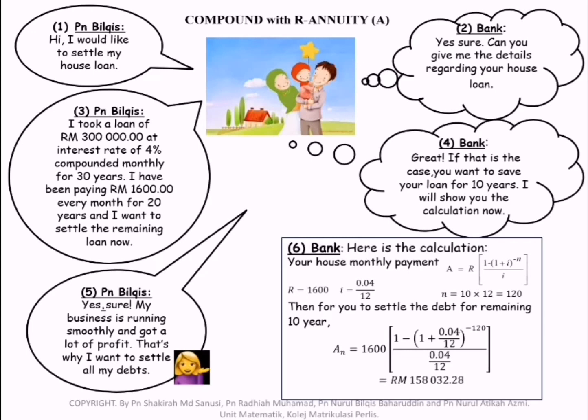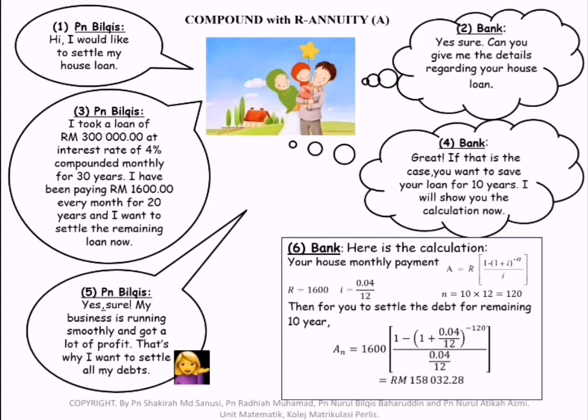And then the interest rate I equal to J over M equal to 0.04 over 12. And next is our N. For the remaining 10 years, N will be T times M, which is 10 years times 12 equal to 120.